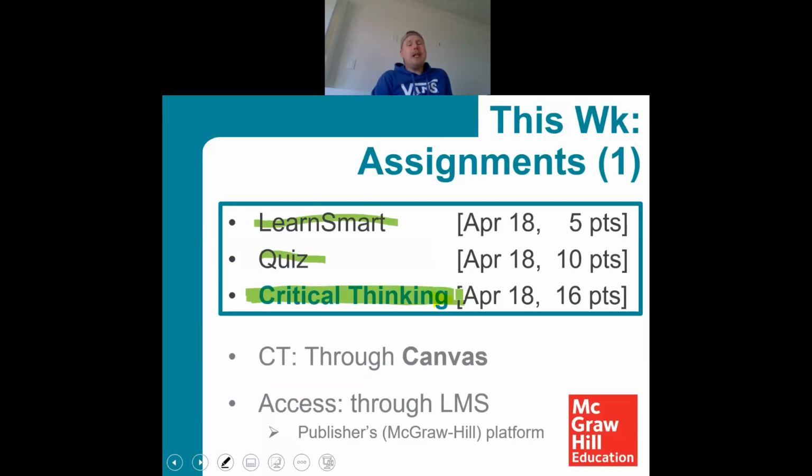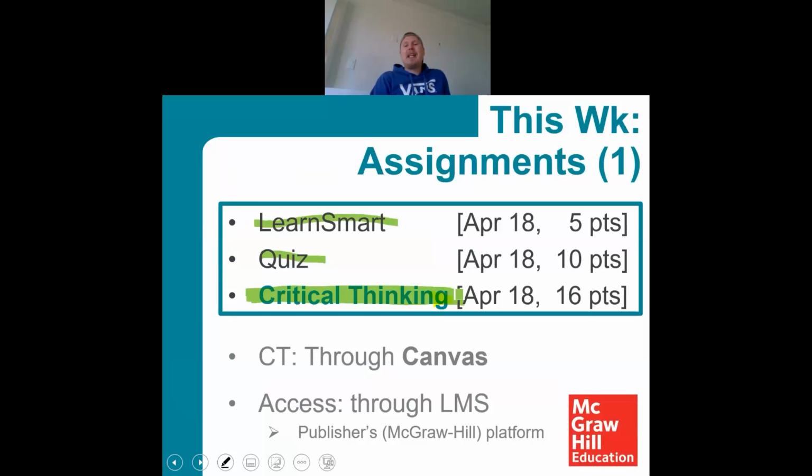So to give you a little bit of background, and some of you might have run into this already before, one of the things that the college does, we do assess students' critical thinking abilities in all courses. So there's always some sort of a critical thinking element, and this one, on the chapter about fluids and electrolytes and pH balance, is where we're looking at our critical thinking question in this course.